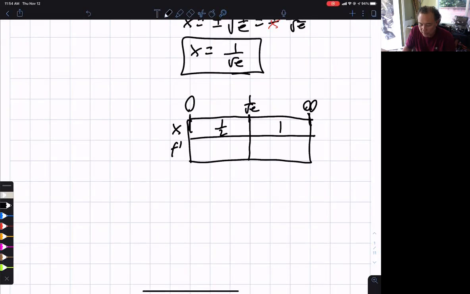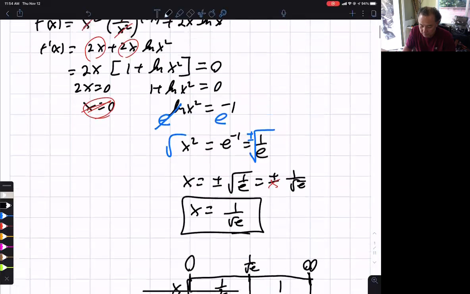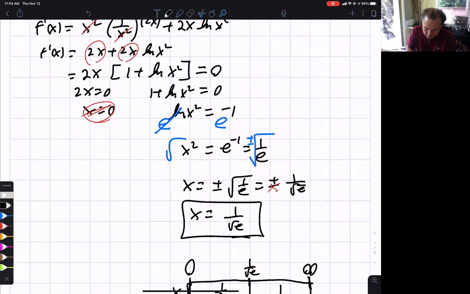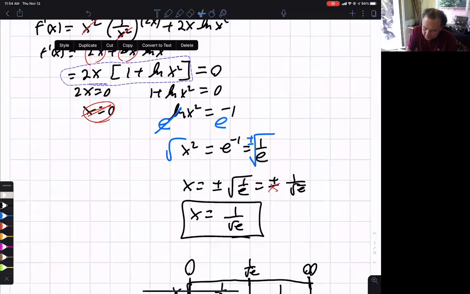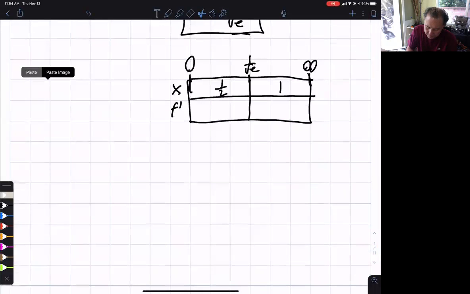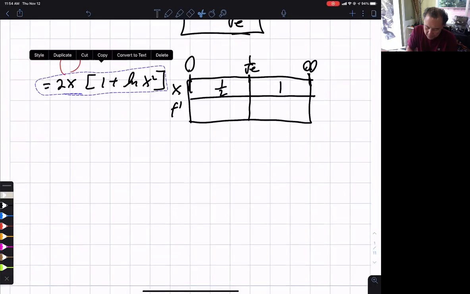So what's the derivative at 1/2? Well, I'm going to bring this derivative formula back down here. I'm going to copy and paste it because we're going to need this. So this is f prime.